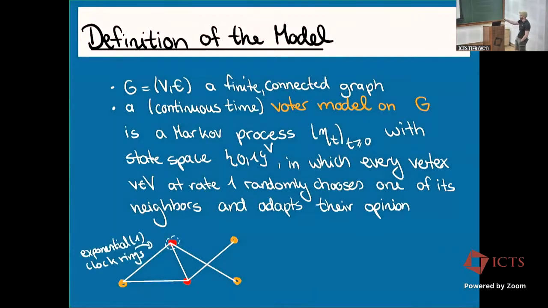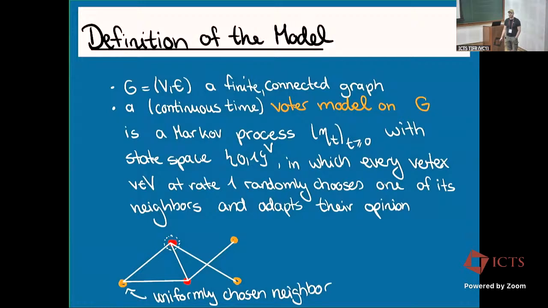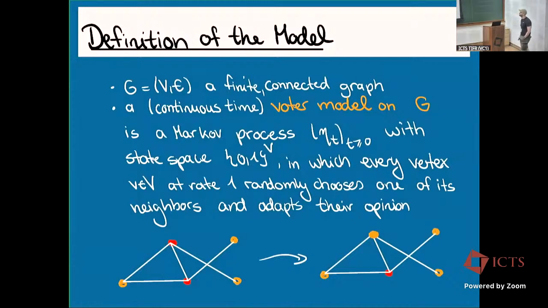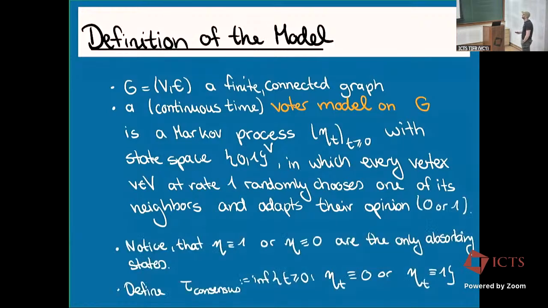So again, just to show you an image, the exponential clock with rate 1 in the vertex that I've circled there is ringing, and then it uniformly chooses one neighbor. And in this case, it will be the left one there, and then it chooses to adopt their opinion. This is the very classical voter model, I guess everyone is familiar with.